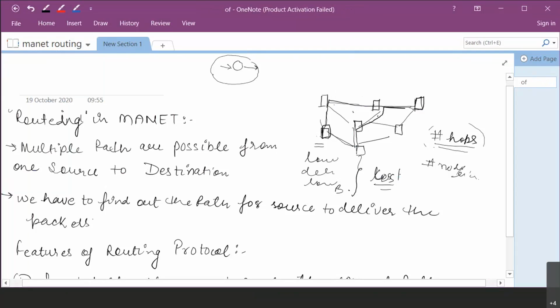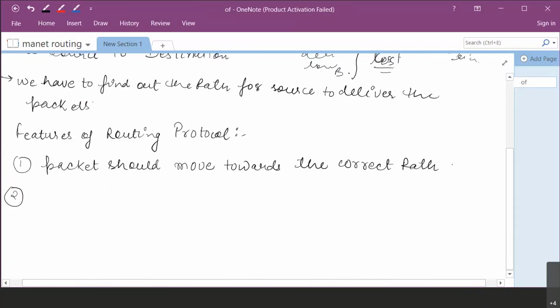Because we are talking about wireless communication, each node has to be involved in the store and forward technique. Store and forward means a buffer has to be present at the intermediate node. So when processing is done over each node and there are so many nodes in a particular path, then the delay factor will increase. So we have to choose that path in which the number of nodes, or the number of hops, is minimum.